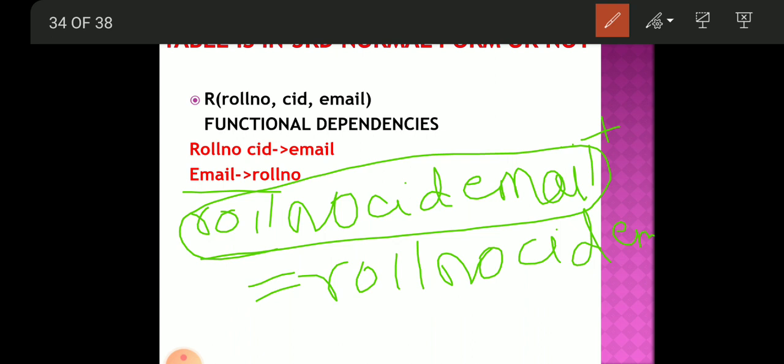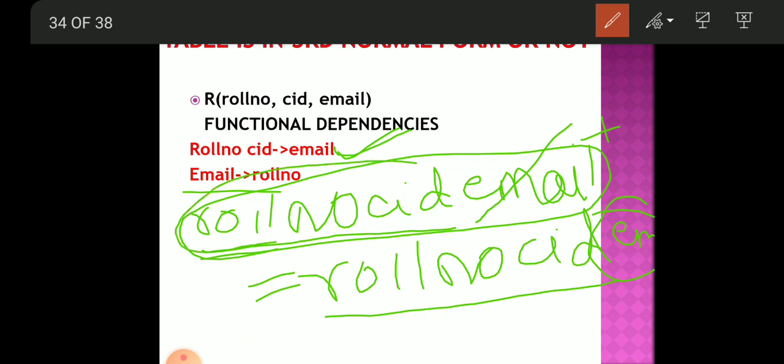We can also remove email, because according to the first functional dependency, roll number and CID give us email. So with roll number and CID, we first get roll number and CID by reflexivity, and then email by the first functional dependency. So this is also a super key.